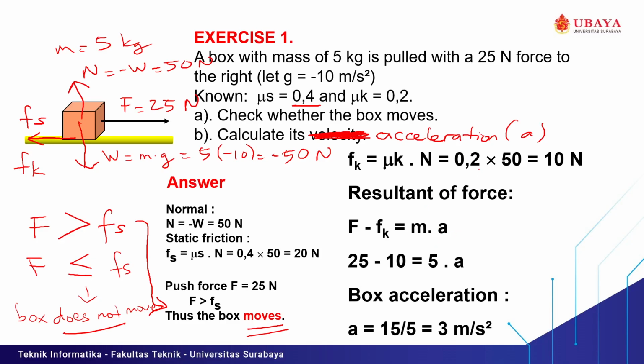Mu k is 0.2 times 50, so we have 10 Newtons. By the second law, the sum of forces, F minus Fk, equals ma. 25 minus 10 is 5 times a. Then we have an acceleration of 3 meters per second squared.